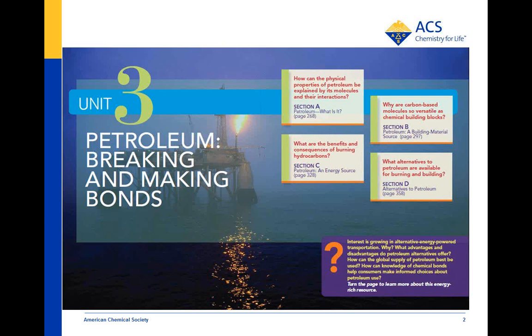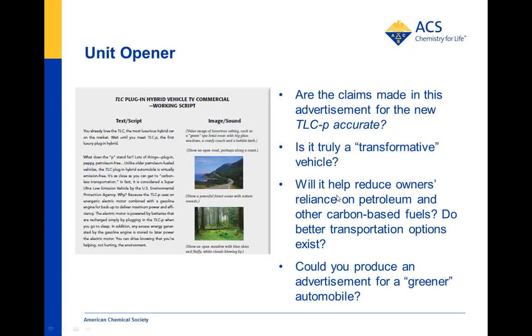Linda's going to go through all of that with us. In Section A, they're going to talk about what is petroleum, and in Section B, petroleum as a building material. Section C, petroleum as an energy source, and then in Section D, alternatives to petroleum.